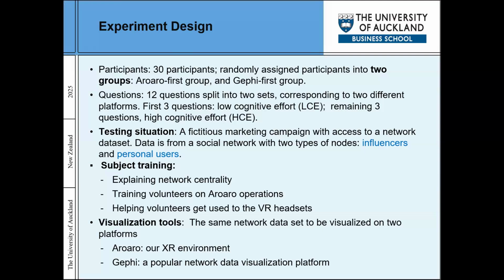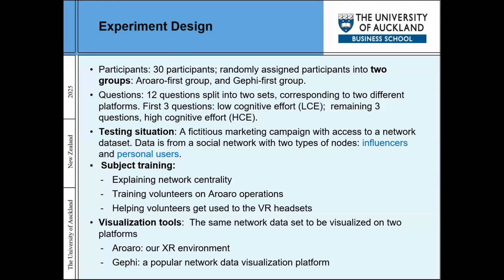Overall, there were 12 questions, 6 for RORO and 6 for GEFI. 3 questions on both platforms were expected to require low cognitive effort from participants, and 3 questions on both platforms we expected to require high cognitive effort.